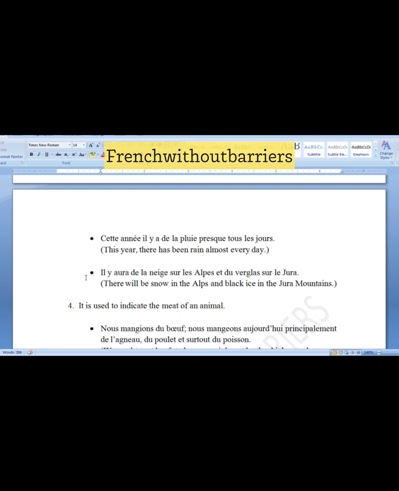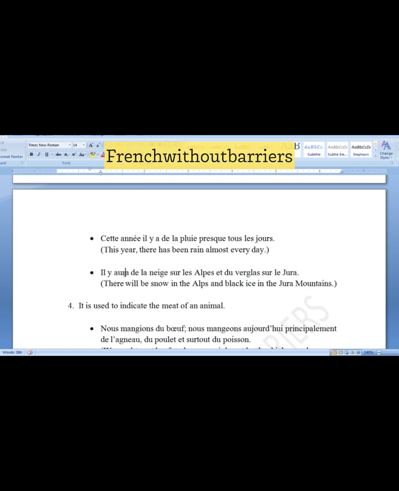Now, guys, if you see, de la neige, et du verglas, we are using our partitive articles again to speak about the weather if we are using the form of il y a. Now, this is the future simple form of il y a, doesn't matter. If we are using il y a to speak about the weather, we are going to use our partitive articles.